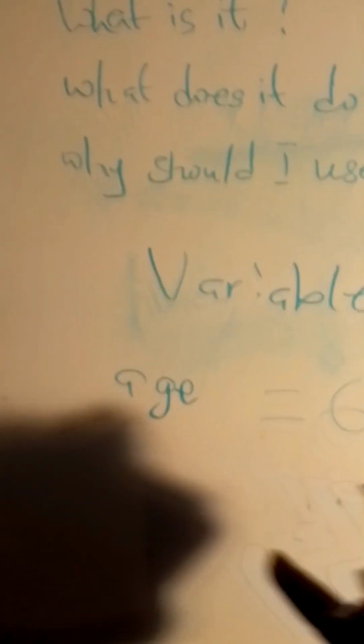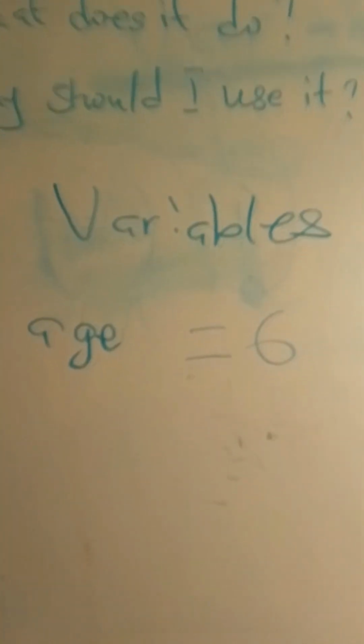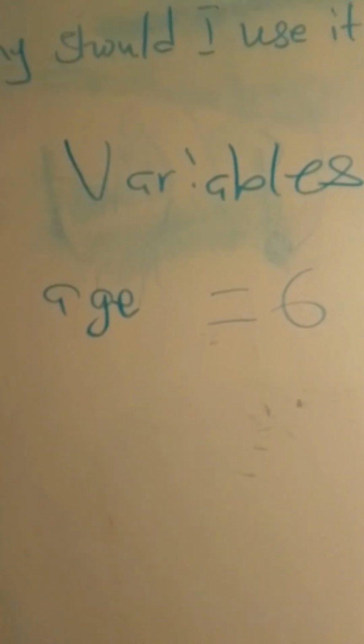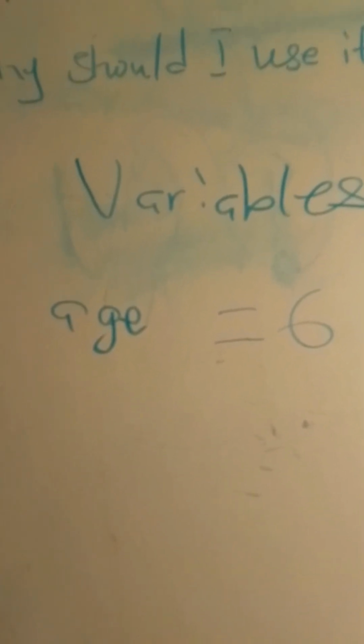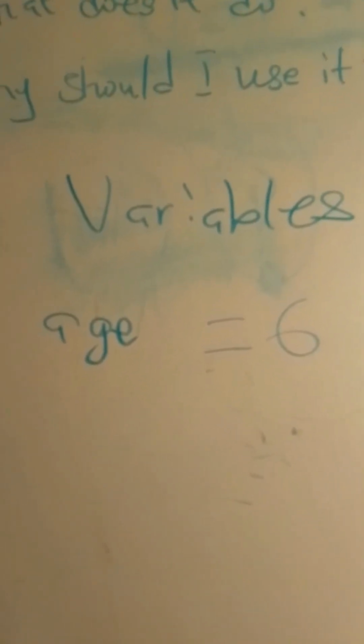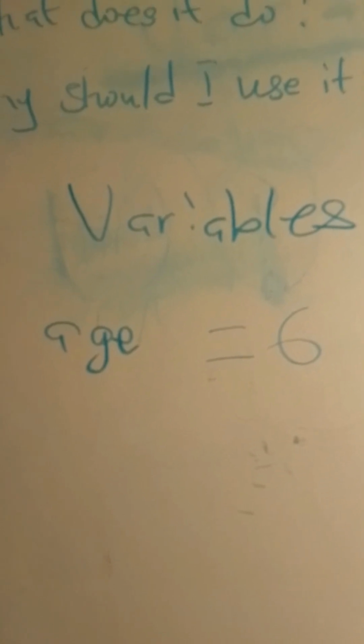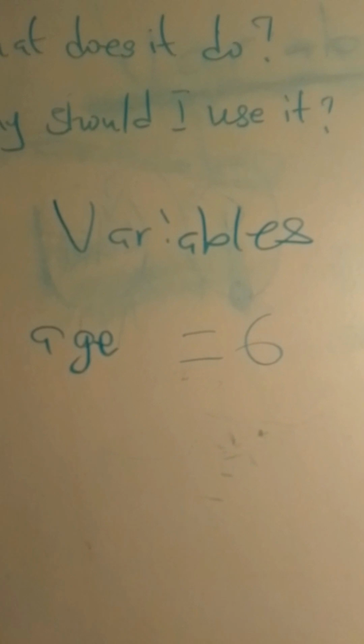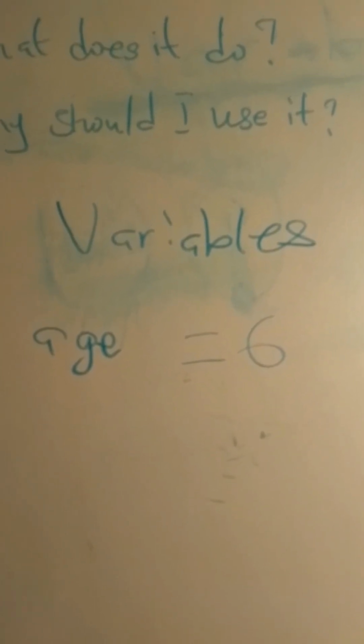So here, the age of the boy or the girl you are talking about is 6. We don't need to use 6 in our program again. Right now we have age referred to 6.